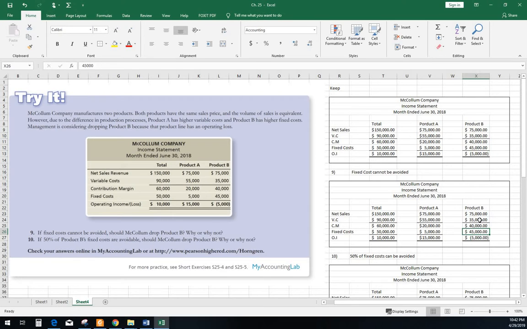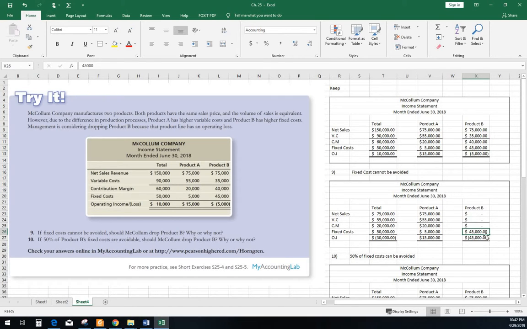So we're going to leave that number there. If they drop product B, they will no longer have net sales, so that will go to 0. They will no longer have variable costs, that will go to 0. And they will no longer have contribution margin, but they will still have that $45,000 in fixed costs.